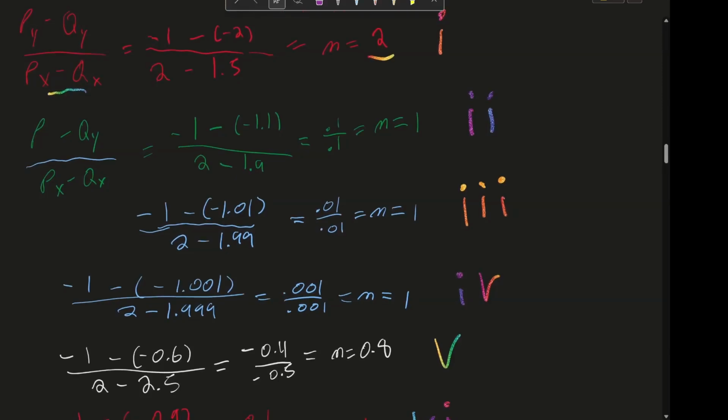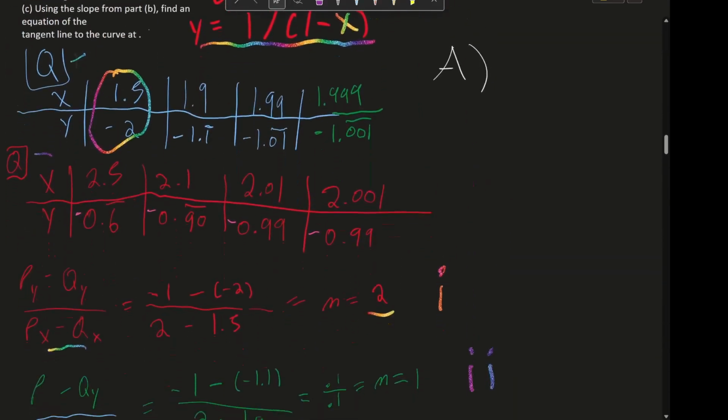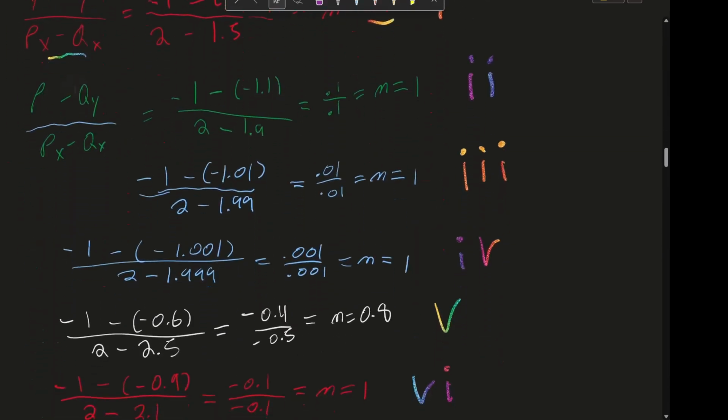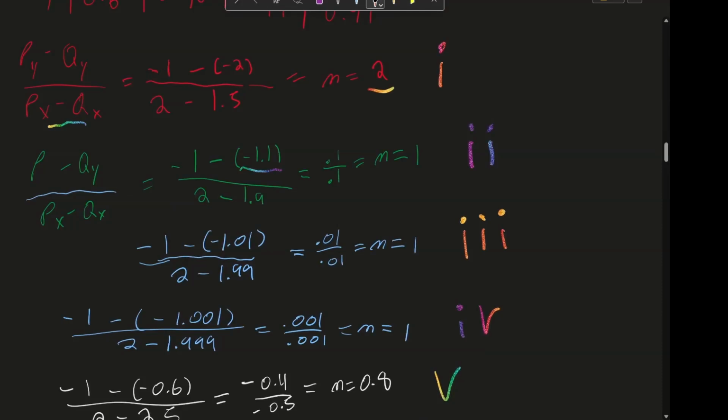And that's part 1. Part 2, you have 1.9 for your x value, -1.1 repeating for your y value. Y values on top, x values on the bottom, P minus Q, and your slope comes out to 1.